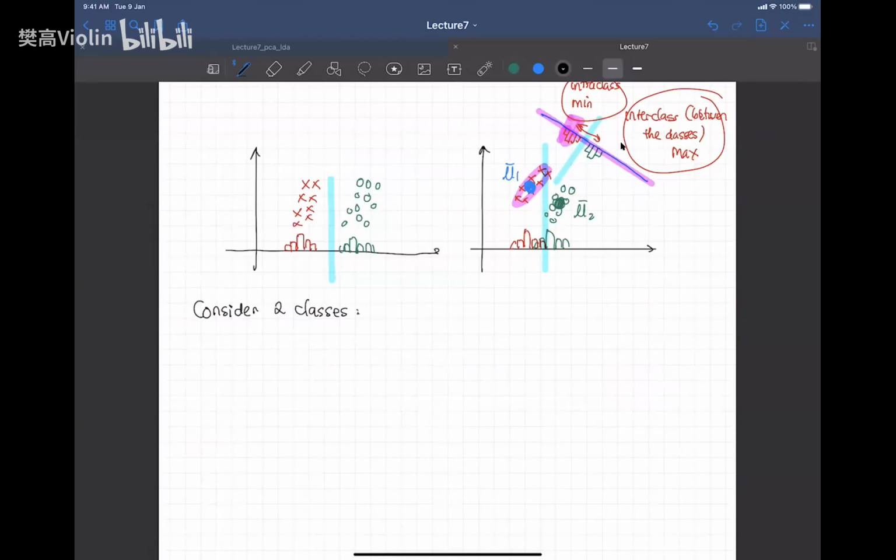So in that case, we have mu k equals 1 over n, the number of the data for each class, sum over n in the set of class k, of xn bar.